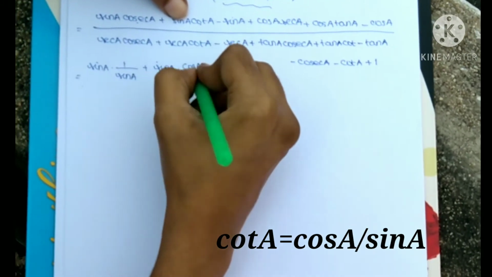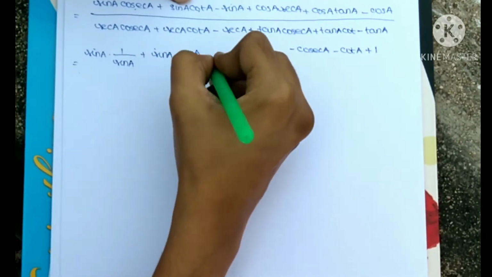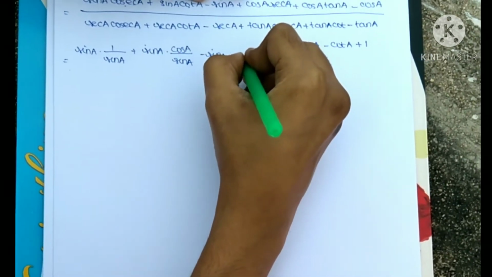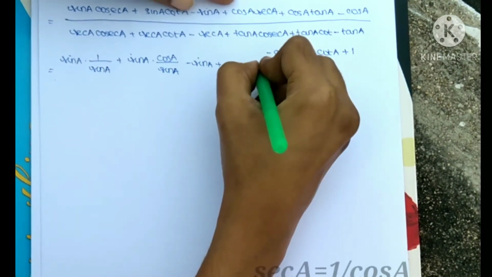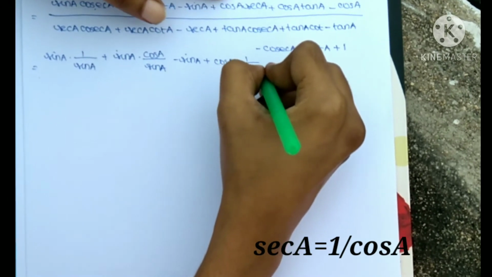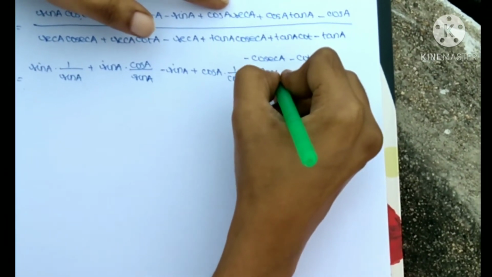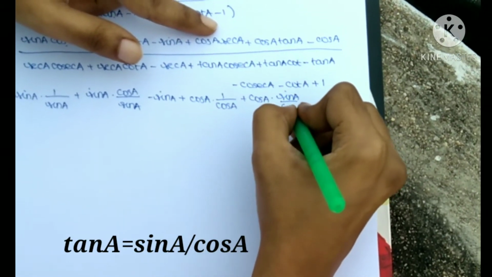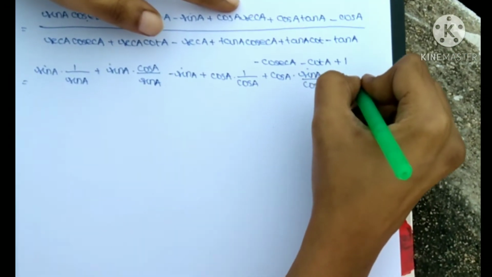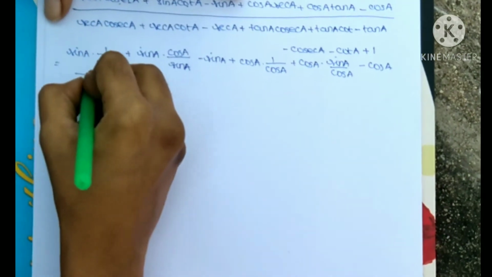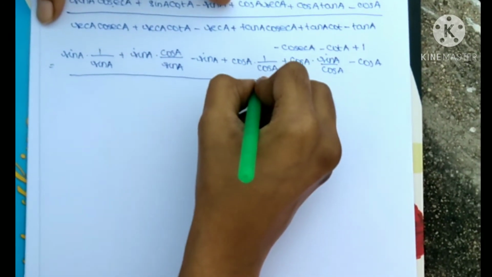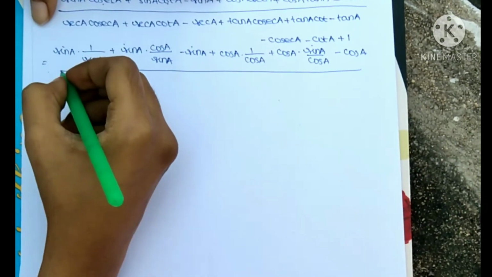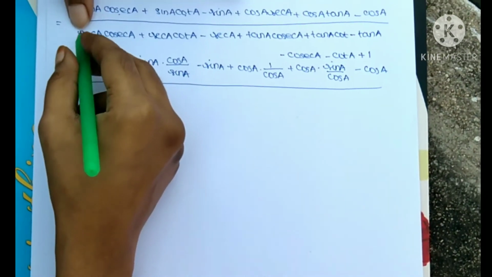Cos A divided by sin A minus sin A. Okay, plus cos A. Secant A what? 1 by cos A plus cos A tan A, sin A by cos A, minus cos A remains same. Why do we change sin, cos, this term, tan, cot? Let's see at the end of this video.